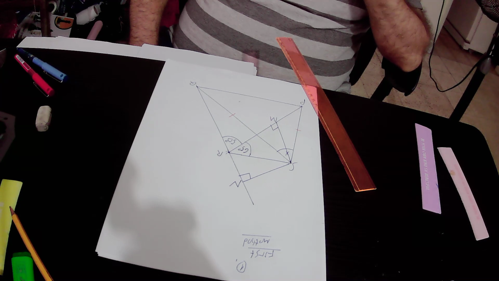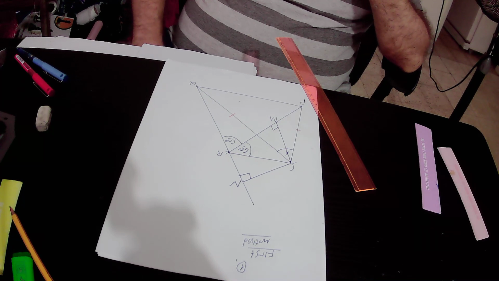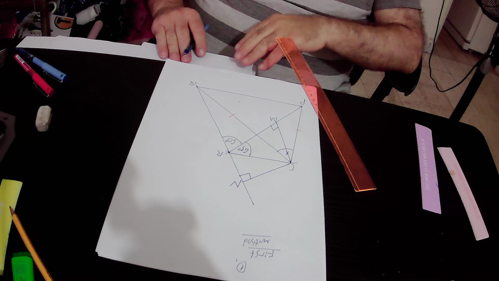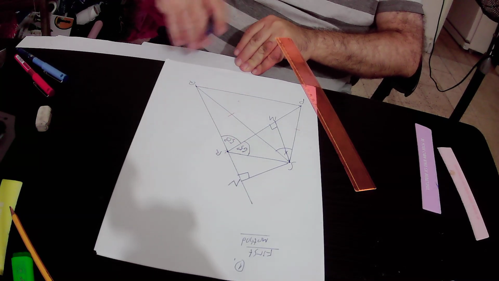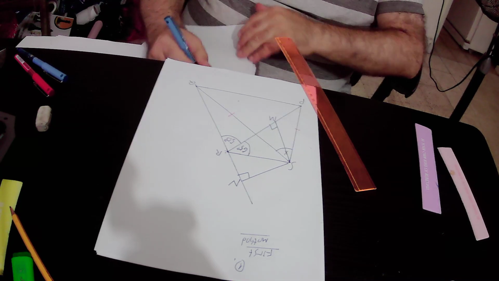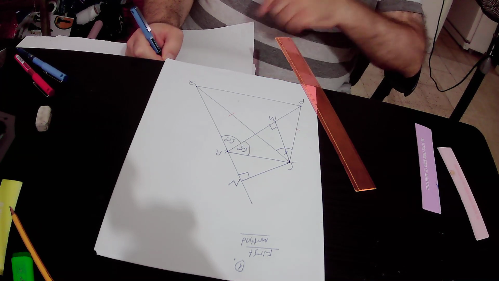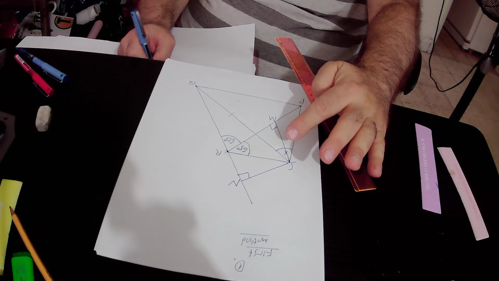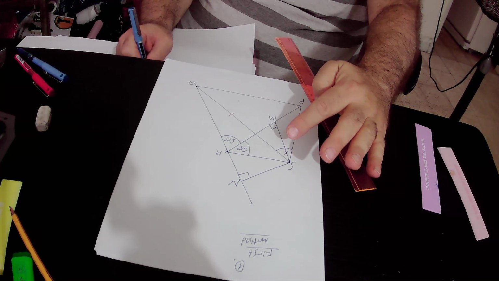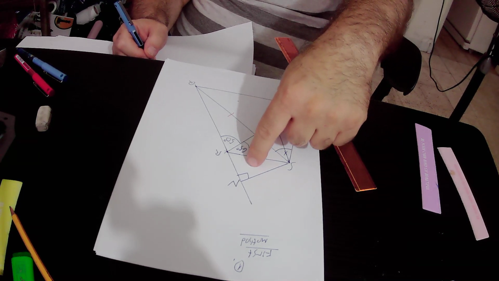Then we will focus on the right triangle SNR and the right triangle SMR. We will focus on those two right triangles.